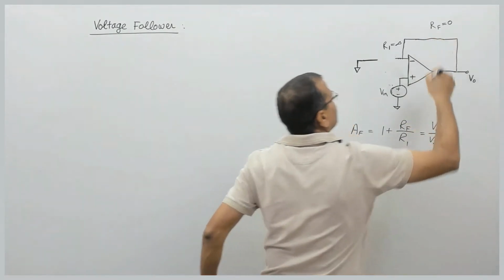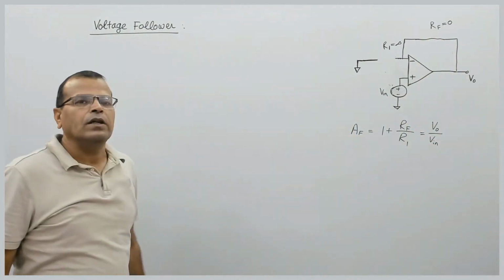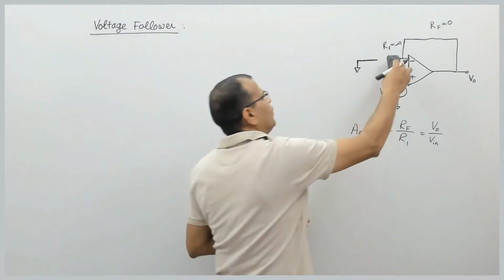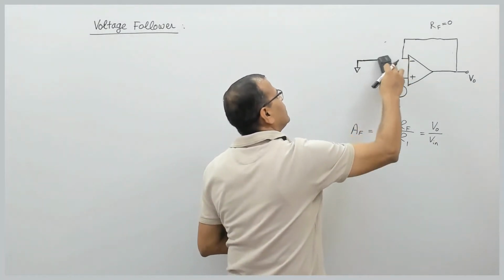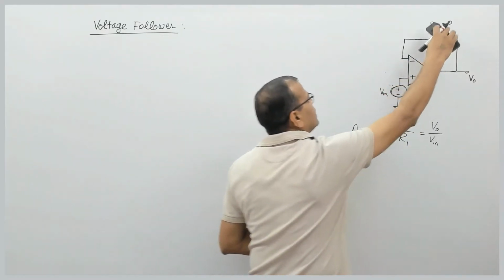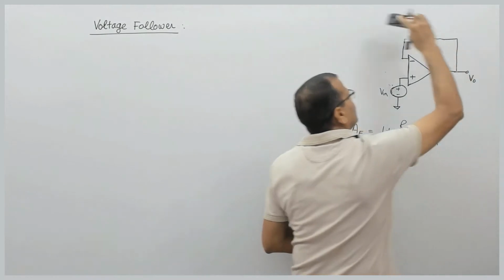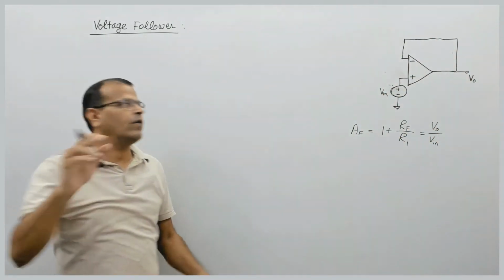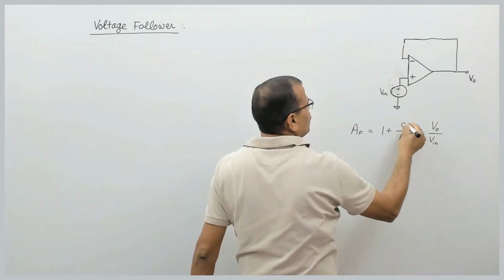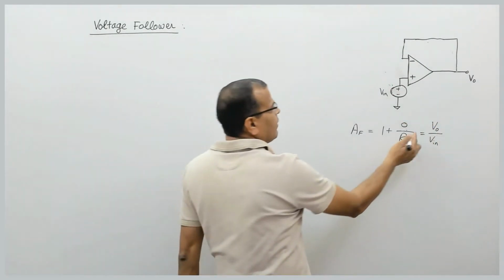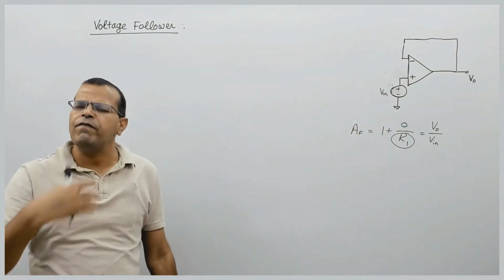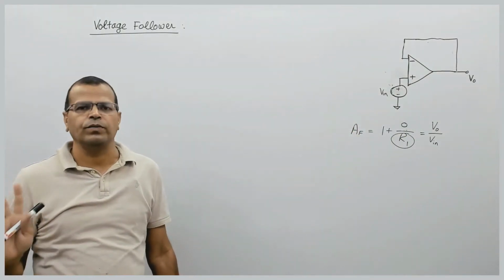This circuit is called a voltage follower, where we don't have any resistance on this side and we replace the feedback resistance by a short circuit. Now let us see. When RF is 0, whatever is the value of R1, 0 divided by any value is always 0.